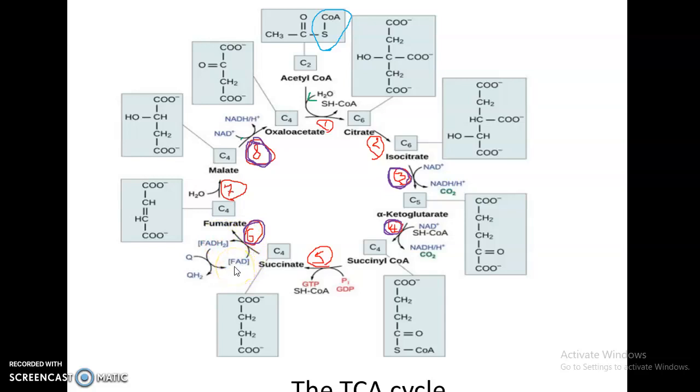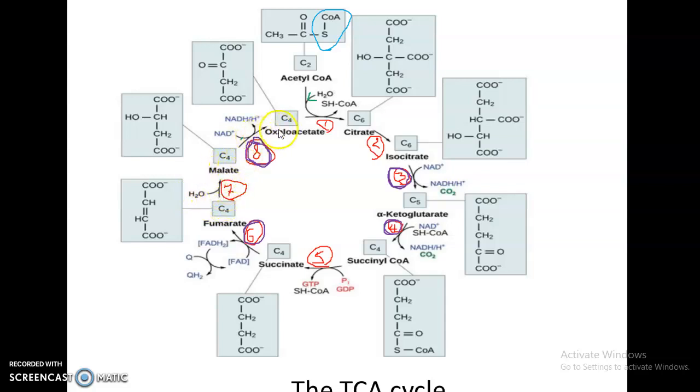This is flavin adenine dinucleotide, and NAD is nicotinamide adenine dinucleotide. Here, fumarate will be converted into malate in the 7th step. Here is coming in of water. Water is important.